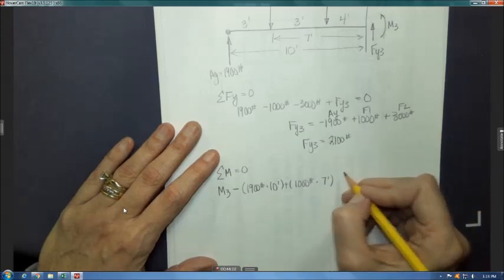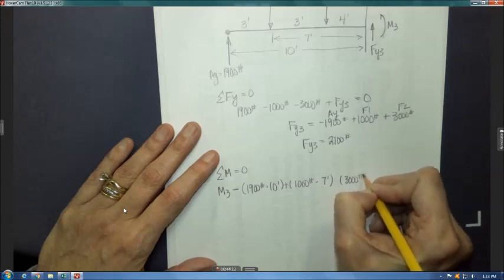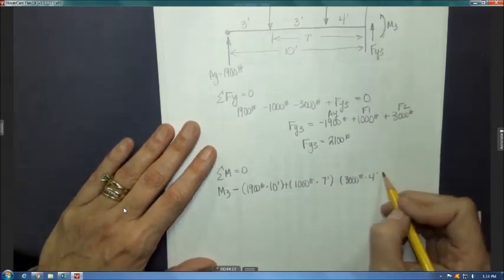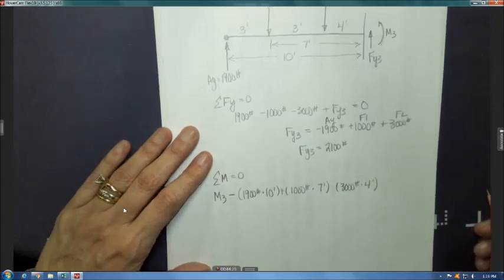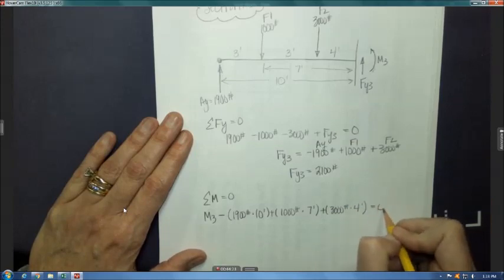Yeah. And then I'm going to have 3,000 times 4 feet at that 10-foot mark. And that'll be a positive, equal to 0.